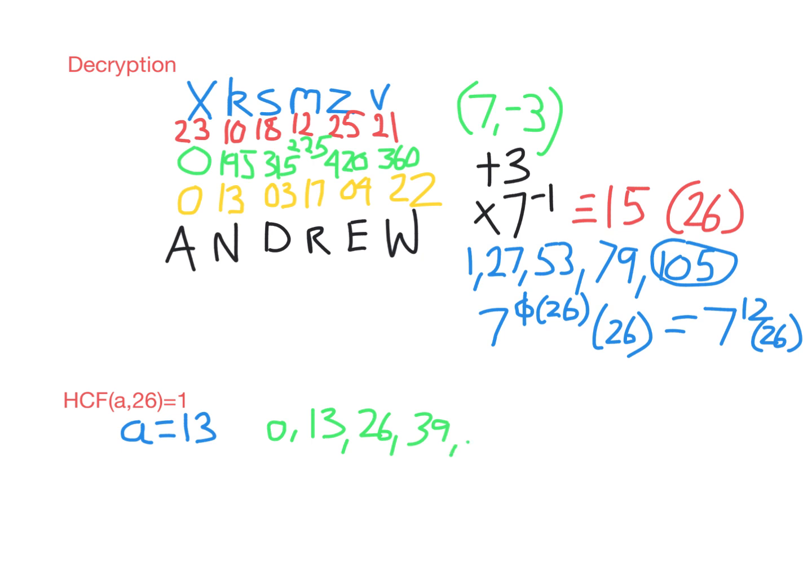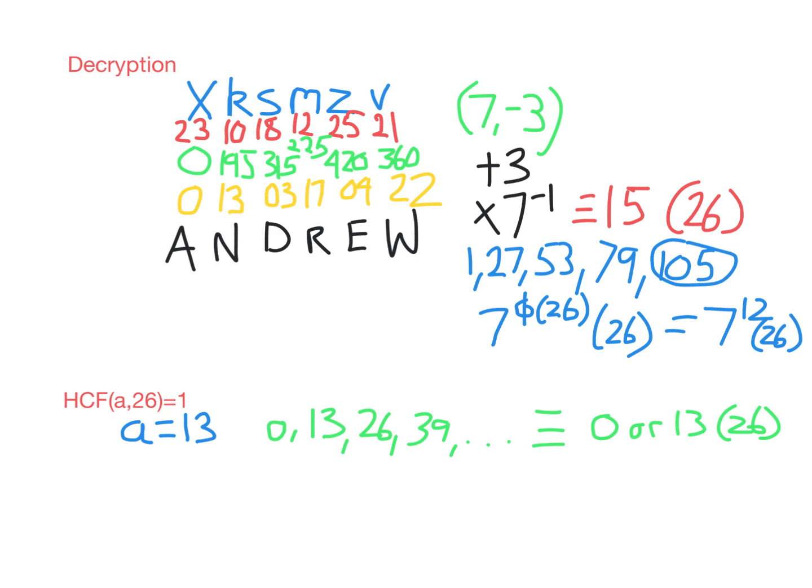The problem is that each of these numbers in green is equivalent to either 0 or 13 mod 26. So if I chose, say, A is 13 and B is 0, every single one of these letters would map to 0 or 13 mod 26. Every single letter would map either to A or to N. So that would be a problem.